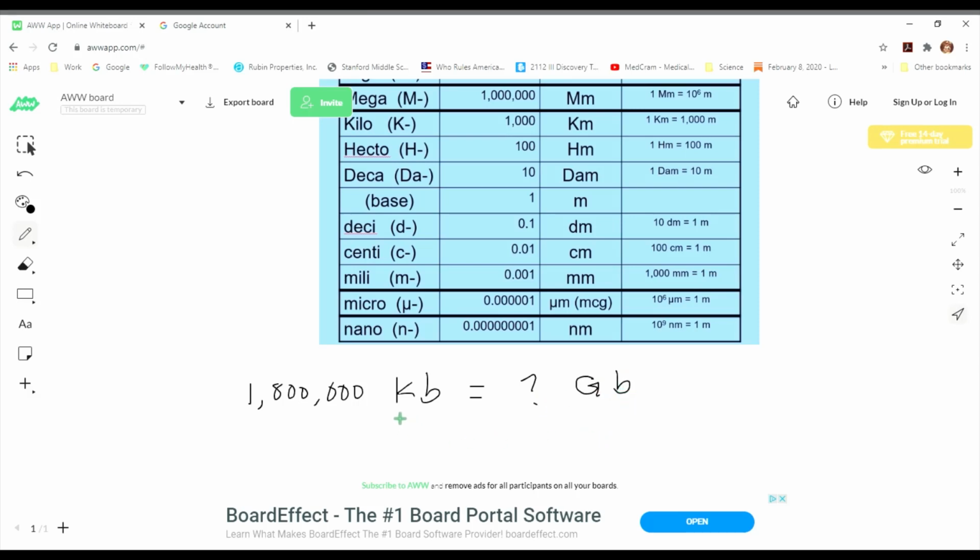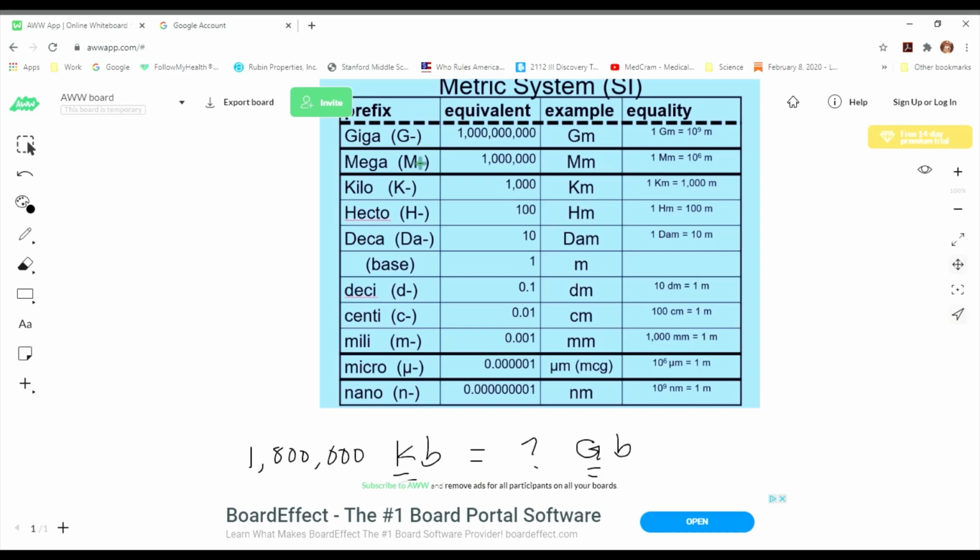And once again, I got a kilo right here, I got a giga right here, so we're working with the numbers over here. So I'm going to turn kilo into giga. We're starting at kilo, we're given kilo, and we want to get to giga, prefix. It doesn't matter if they're bytes, or meters, or grams, it would be the same thing.